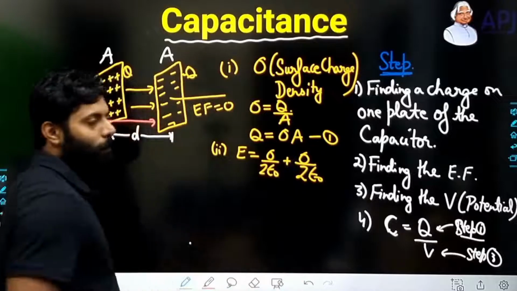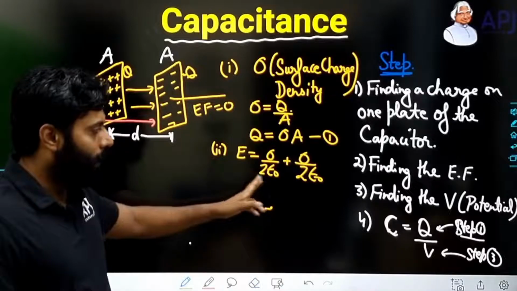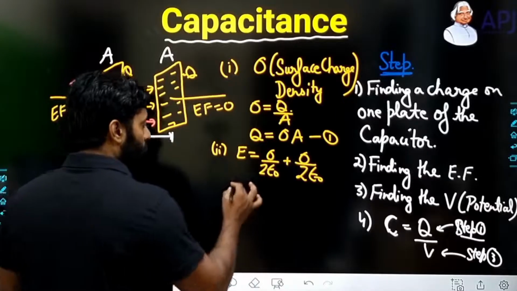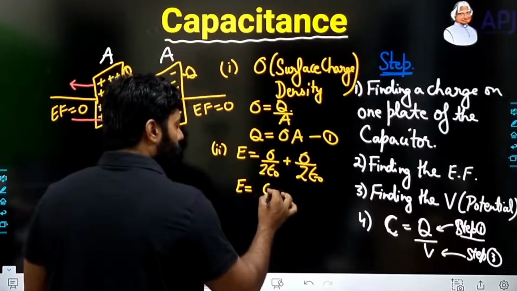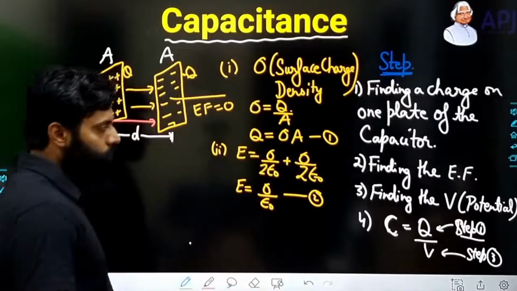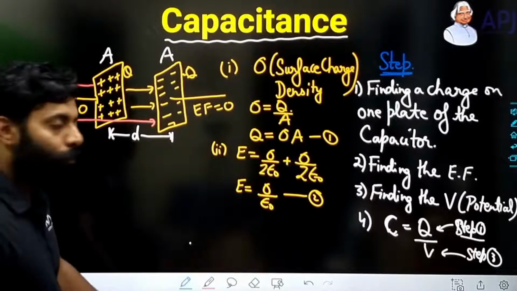This is due to the positive plate, this is due to the negative plate. Both of them are going in the same direction, so I can write this, right? If I add them up, I get sigma upon epsilon naught. This is my second step. Now I have to find the potential.